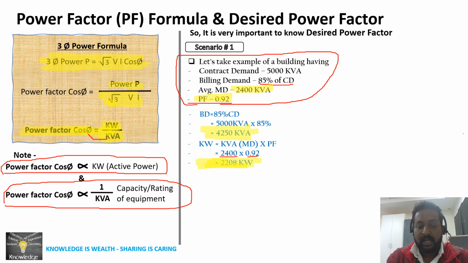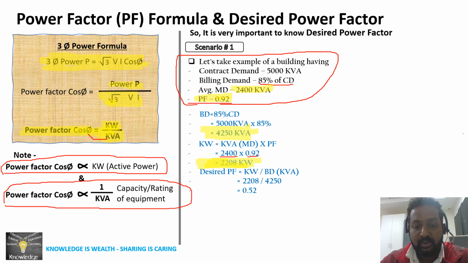Now let's move to the very interesting part, the desired power factor. What is this building's desired power factor? Desired power factor PF is equal to kilowatt by kVA. We know the kilowatt is 2208 kilowatt.